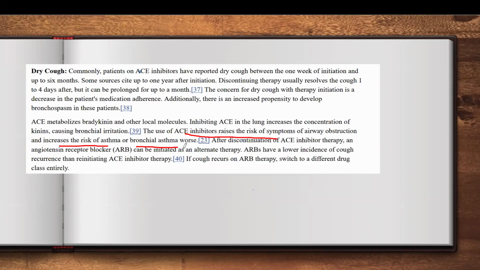After discontinuation, ARBs can be initiated and this cough gets better. And other than that, you know that it is because of bradykinin, right? This dry cough. So the best option would be to stop the captopril, but since we don't have that, we can go with the pulmonary function tests.